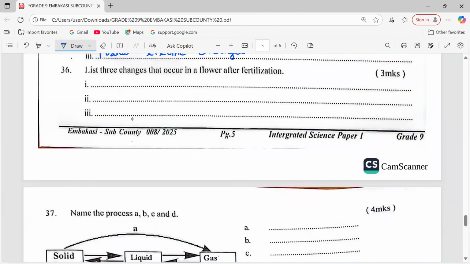Look at number 36. That is, list three changes that occur in a flower after fertilization.